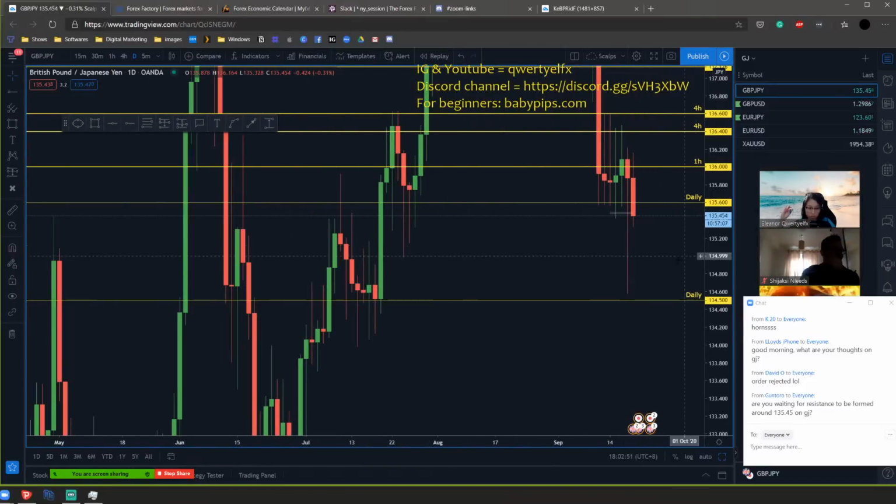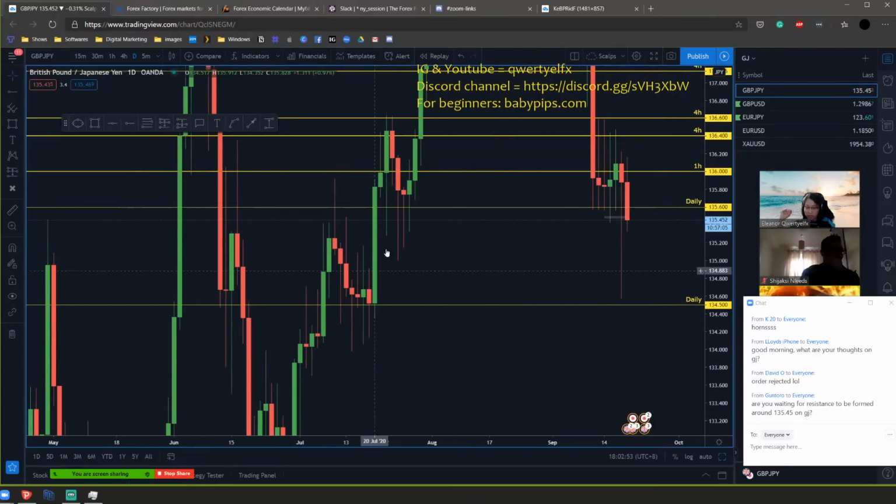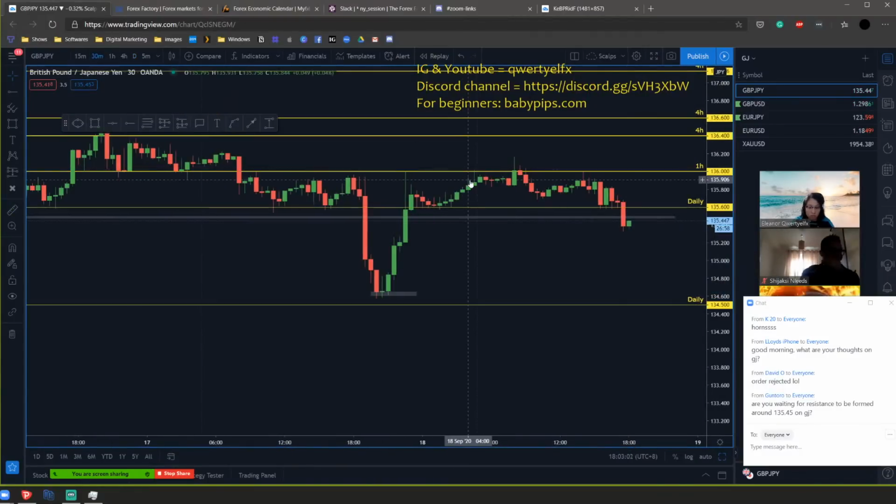It should come down till 134.5, I think. I think this 134.5 move will be today. 90 pips, easy for GJ.